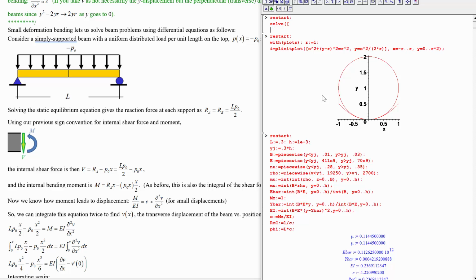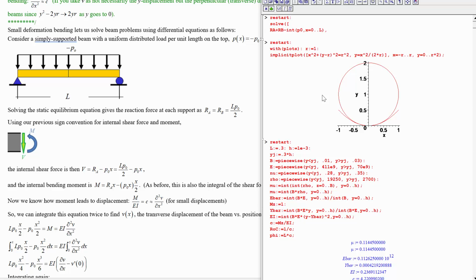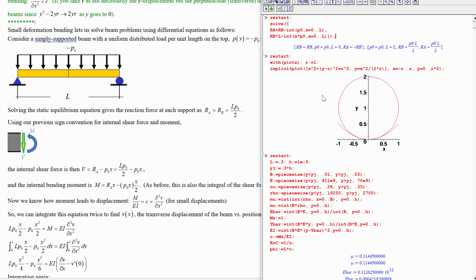We can figure out where that came from by first solving RA plus RB minus the integral of P0 from x is 0 to L is one equation, and then maybe torque about point A, sure, RB times L minus the integral of x times P0, x is 0 to L, should tell us that RA and RB both have to be equal to L times P0 over 2.